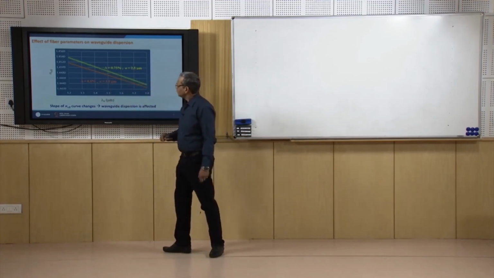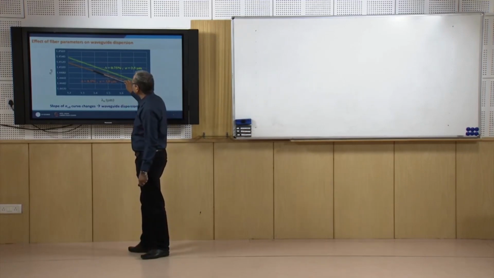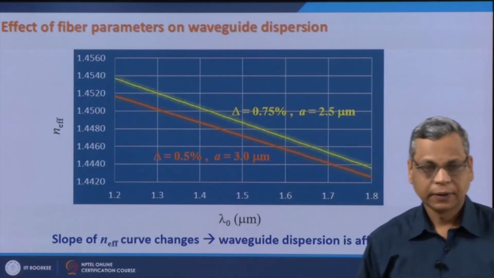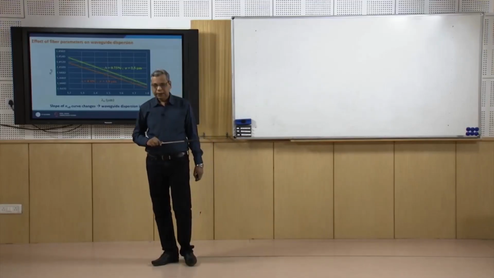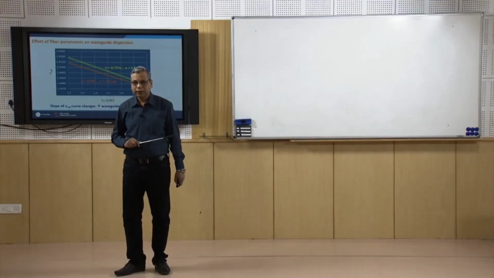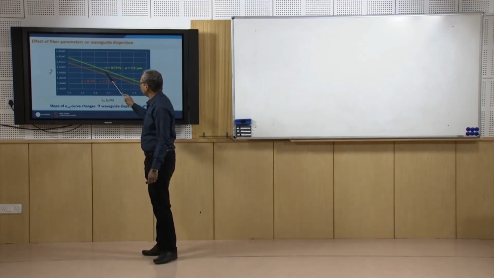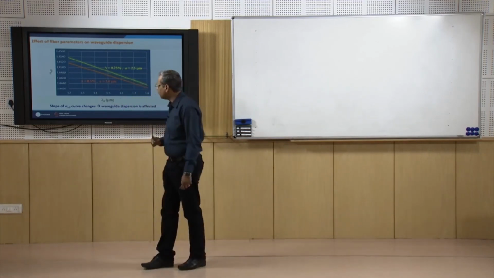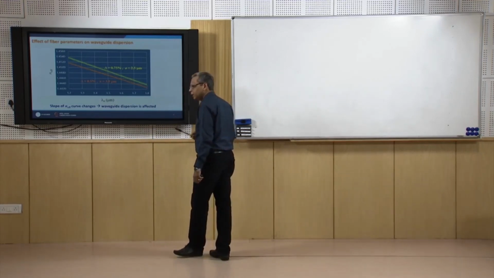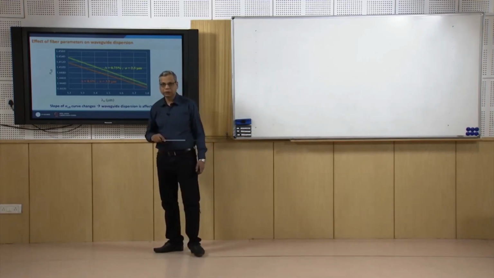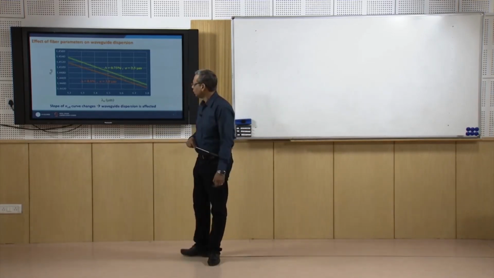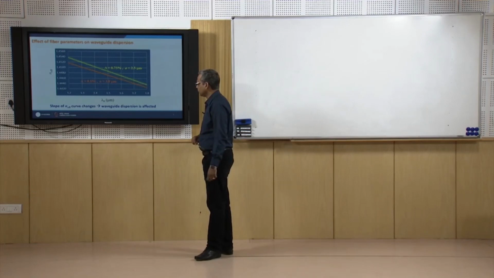I see that the slope of this is different from the slope of this, and hence d2(bV)/dV squared for both these curves would be different, and this will lead to a change in waveguide dispersion. So, it will change the waveguide dispersion if you change the fiber parameters.